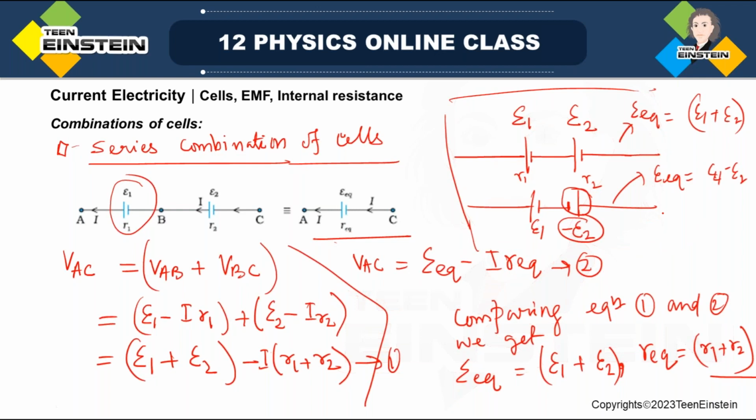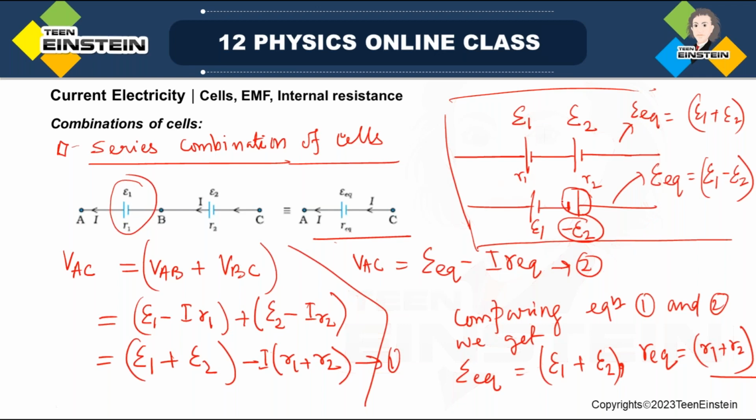So this is what I just wanted to say, that when in series also, if the batteries or cells are connected in opposite polarity, we have to take the right polarity to find out the equivalent EMF of the circuit. So this is the thing we have to remember.